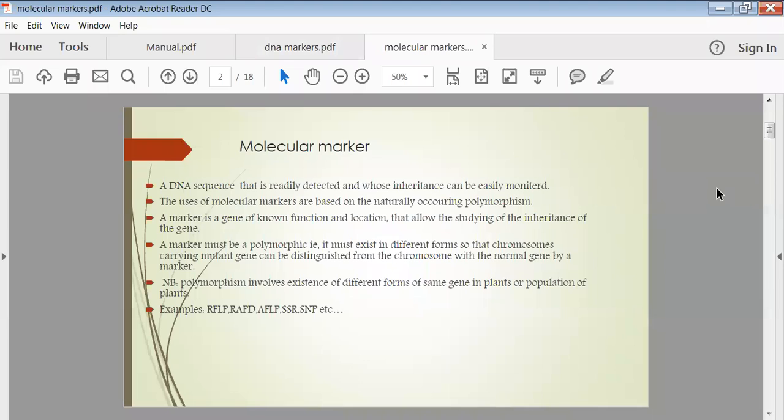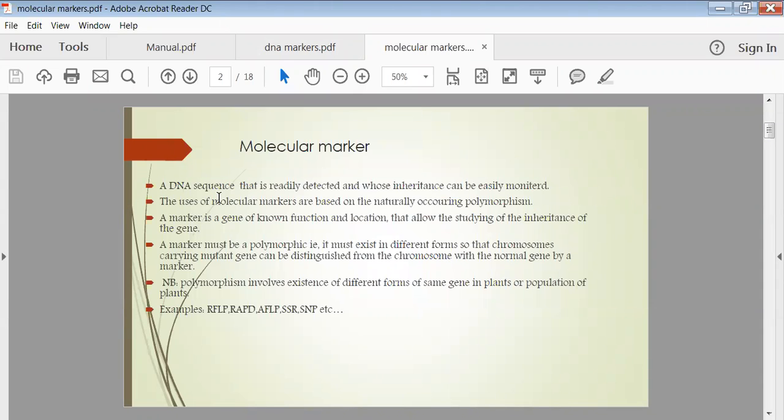So today we are going to discuss a very important topic. I have already discussed it, I think, in the class. It is nothing but the molecular marker, especially the molecular DNA marker. Okay. So here are some features of the molecular DNA marker. First is the DNA sequence.